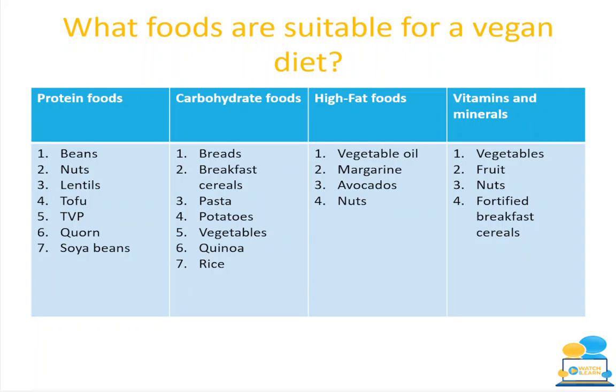And as I was saying earlier on, vegans tend to be deficient in B12 because this is only found in animal products. A lot of the Irish population will be deficient in vitamin D due to where we are in the latitude. So we would have to either consume more foods high in vitamin D, so fortified foods, or you have your sunflower oil, you also have sunflower seeds, you have oily fish, of which vegans can't eat.